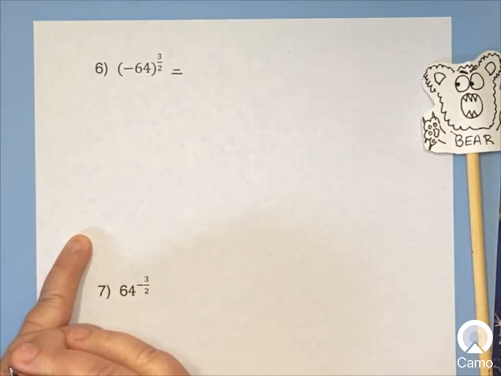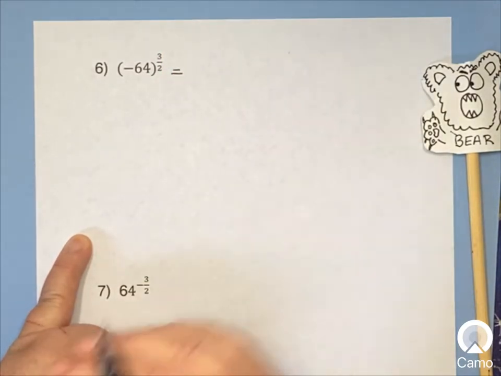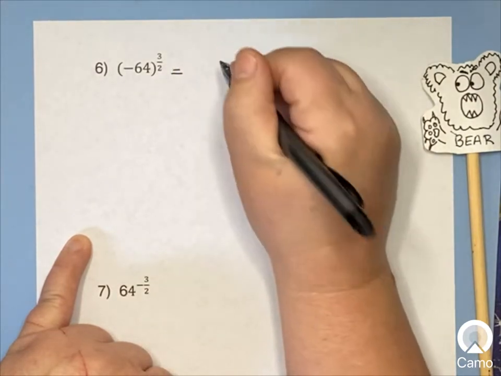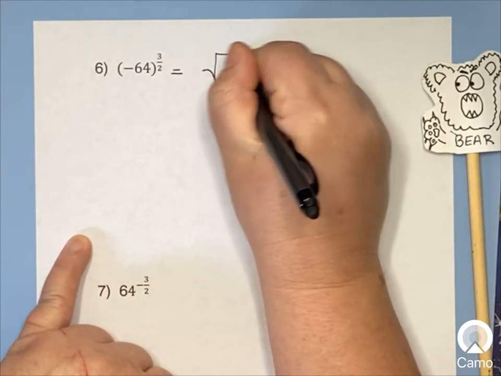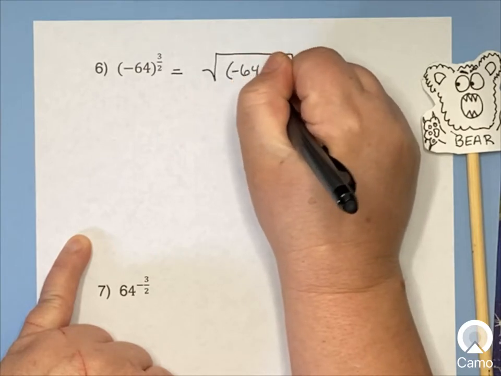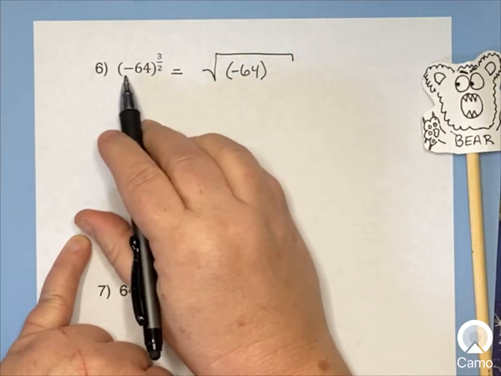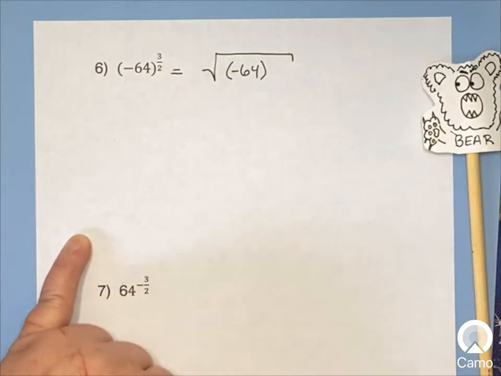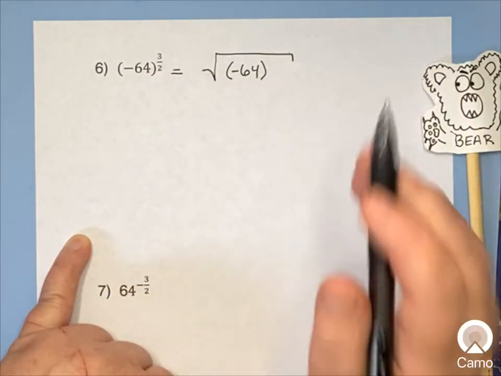So what we're going to have here is the square root of negative 64 cubed, because now those parentheses are keeping the minus and the 64 together. They have to go everywhere together.